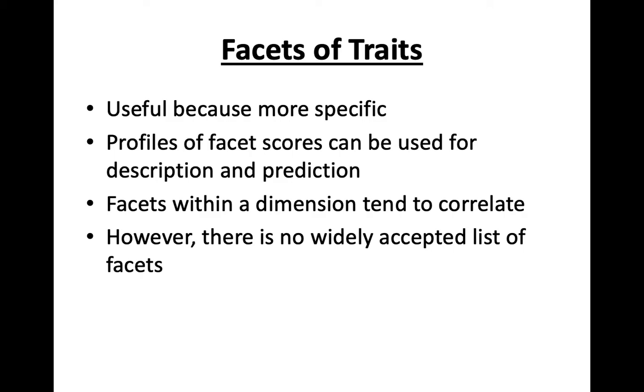Returning to the job example, understanding a person's precise profile of facet scores, particularly on extroversion and conscientiousness, might help us predict whether that person would be well suited for a job that requires public speaking versus a job that involves one-on-one customer interactions.